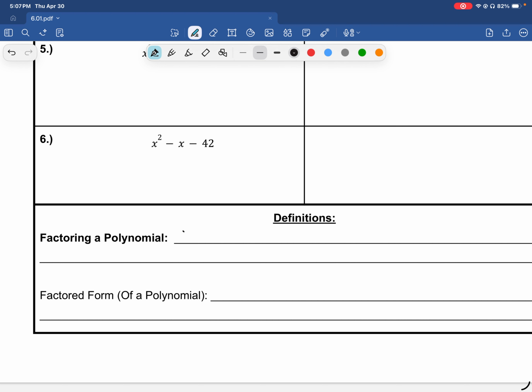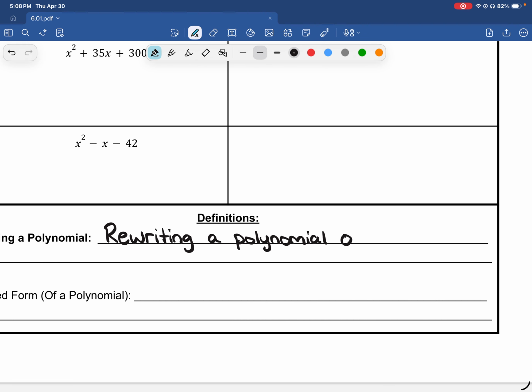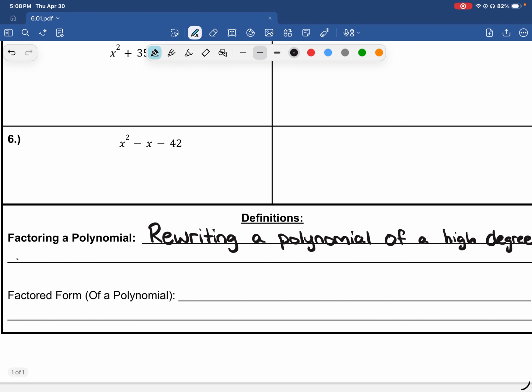Factoring a polynomial is just rewriting a polynomial of a high degree as the product of 2 or more low degree polynomials.